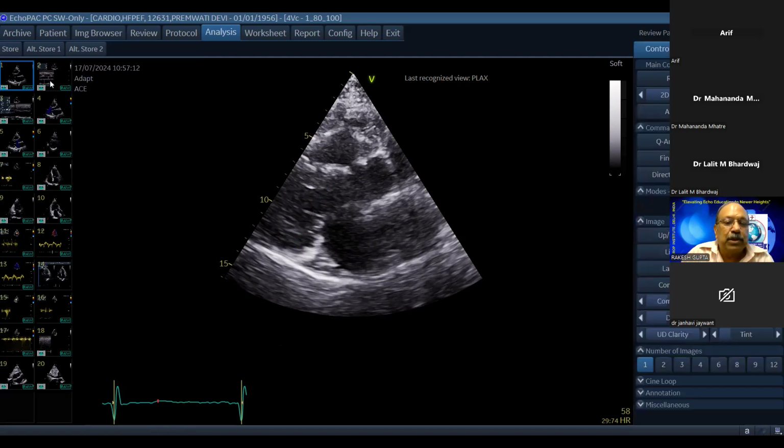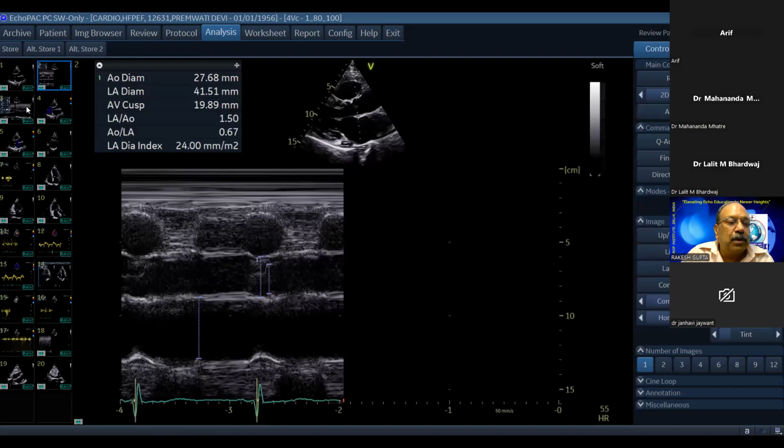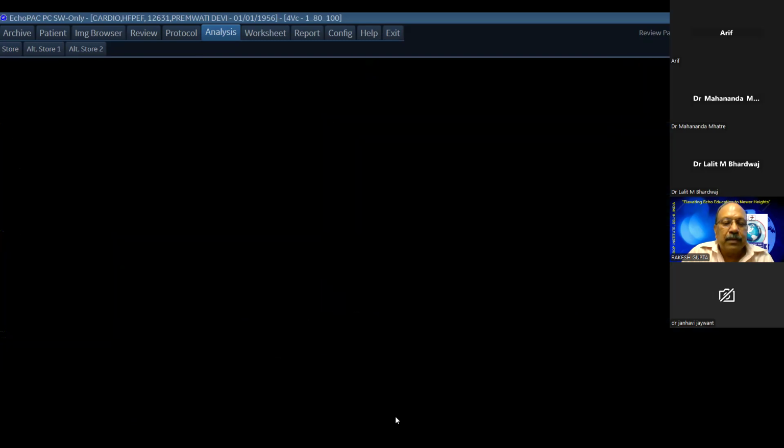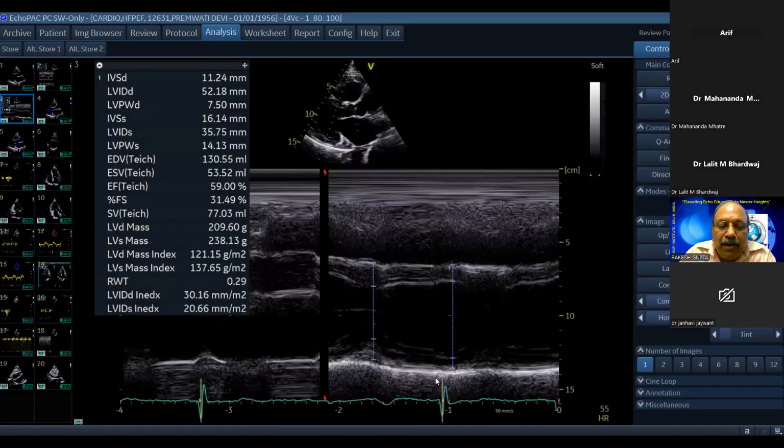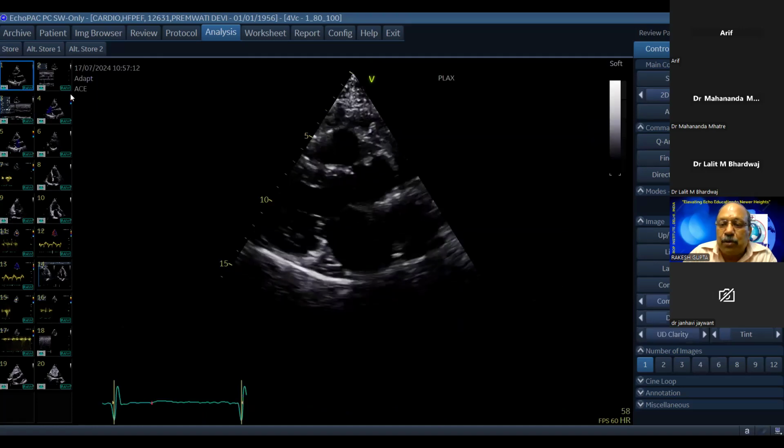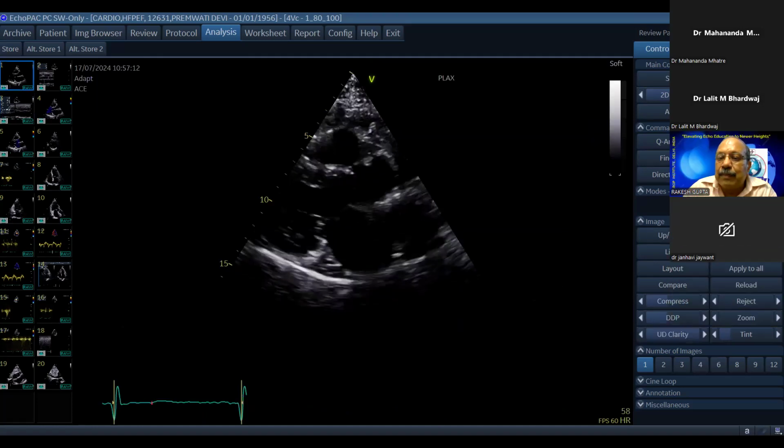So let me look at this M mode. I have to move this window away. Now, normally what happens is there is a significant delay between the septum and lateral wall. Your question was about those significant values, so let me put my M mode in that.